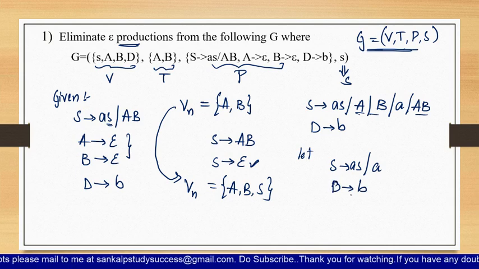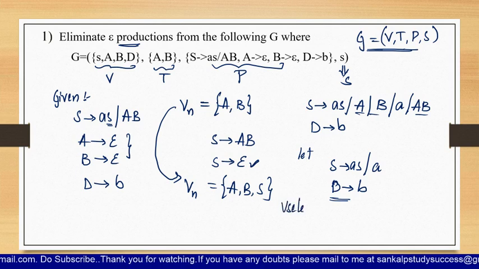Now, if you see, we have eliminated null productions, but if you carefully observe, D is the useless symbol here because D అనేది S నుంచి reachable అవ్వట్లేదు. So, from S, it is not reachable, correct? So, you need to also remove useless symbols.